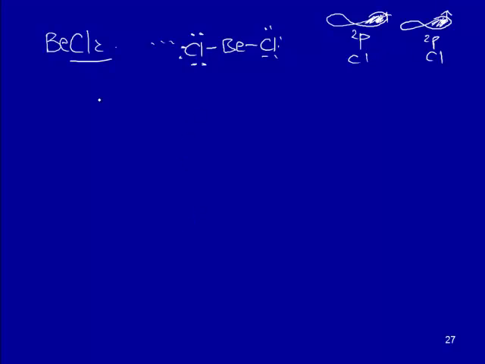Now we are looking at beryllium, and by itself you have 2s, and 2p. Now you can see I only have 2s2, and this is trouble because this is paired. I cannot use this to bond with the surrounding atom.